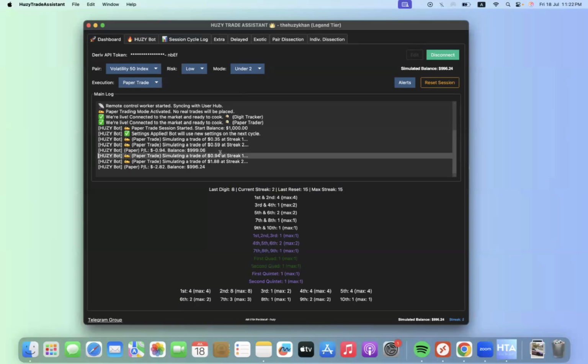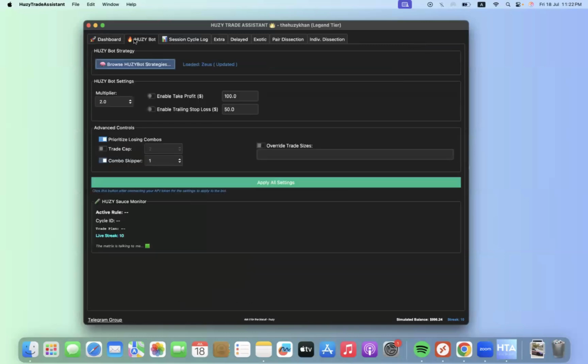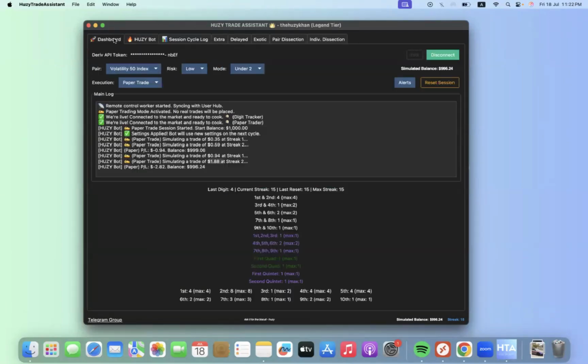Then the trade that got executed was 0.94, the sum of the previous cycle's loss. And the next one, which got executed, was 1.88. 0.94 multiplied by 2 is 1.88. This is where the multiplier comes in. This is where you can adjust it according to your own liking. Currently, it's set at 2.